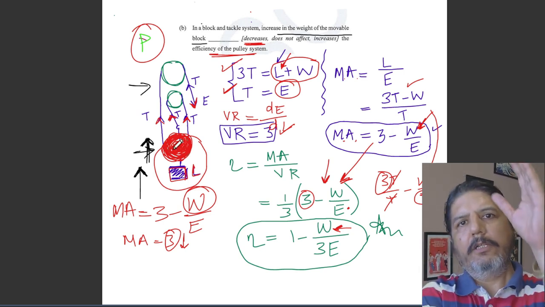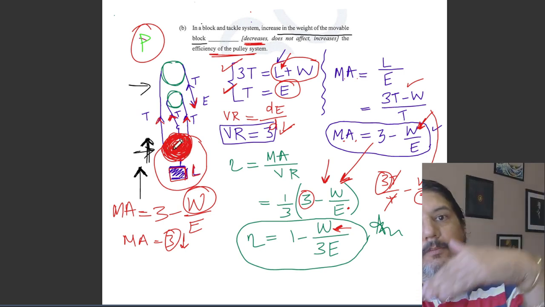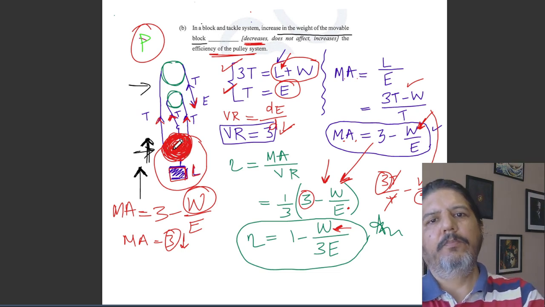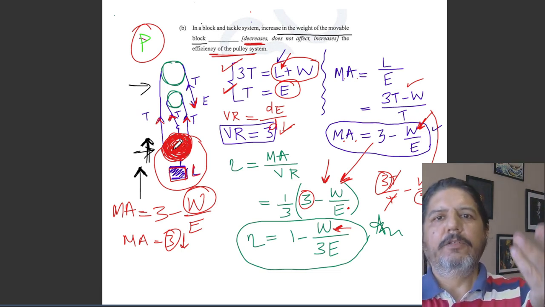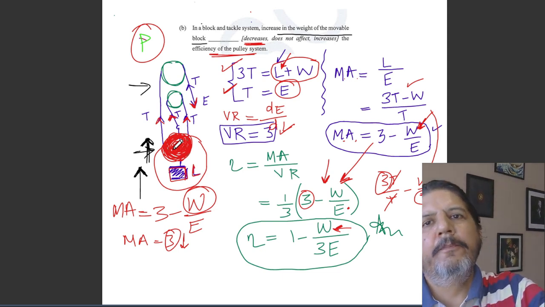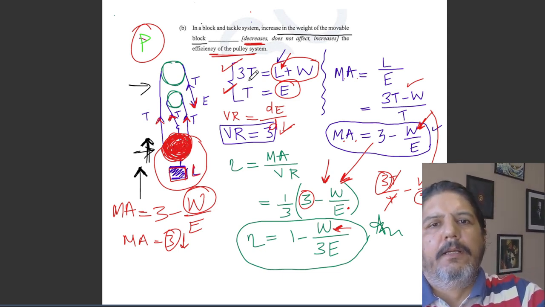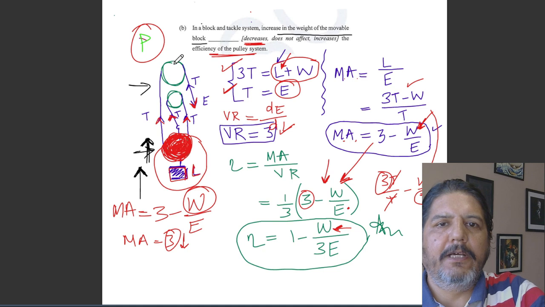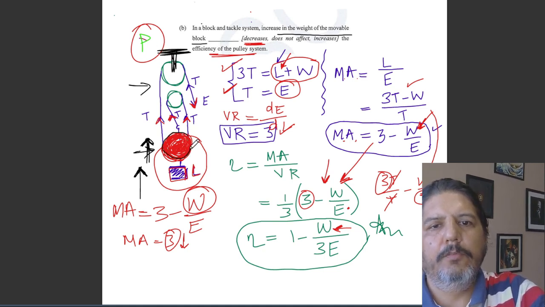Your job is to pull up the load, not the pulley. So that is why you are wasting your effort, and that is why the efficiency of the pulley would be less than the ideal. This one is fixed. This one is moving.